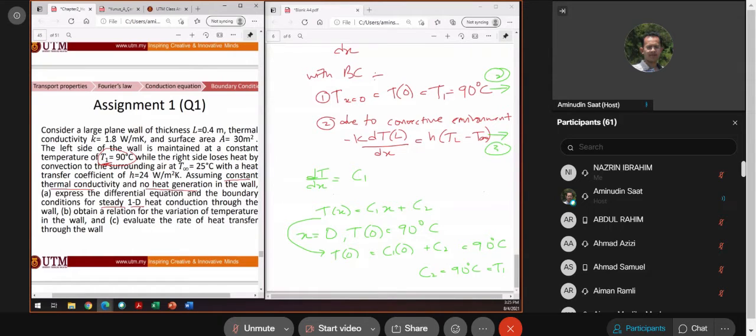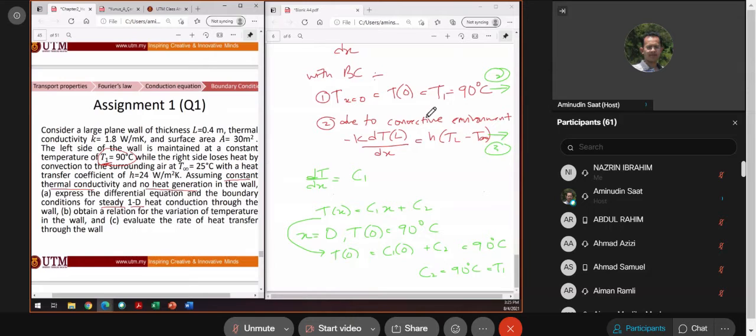First you can find C2, and then you use another equation at T equals L to find C1.